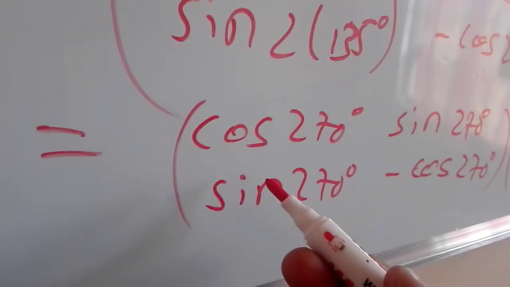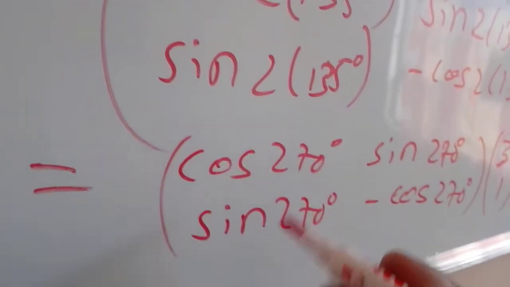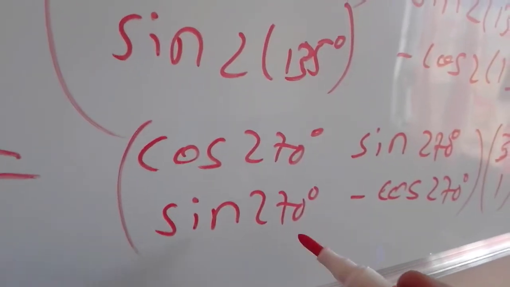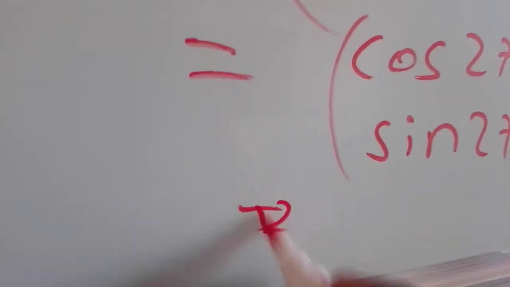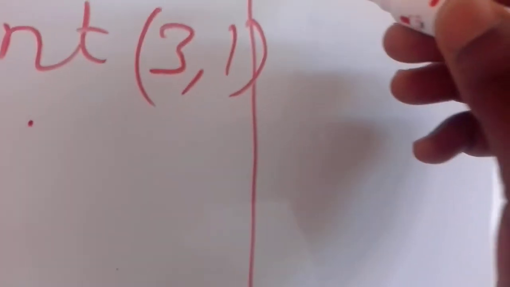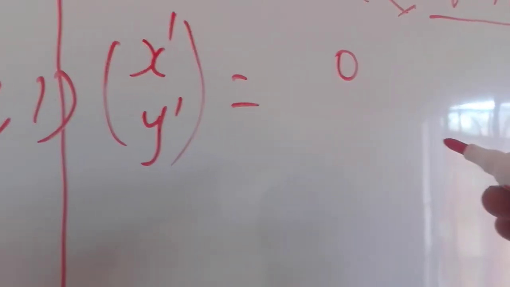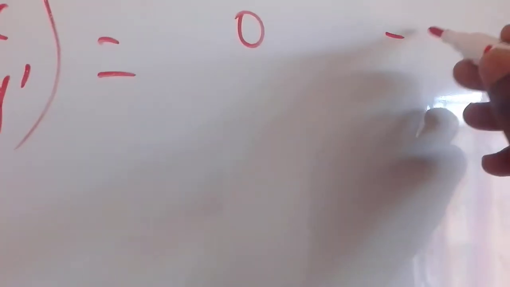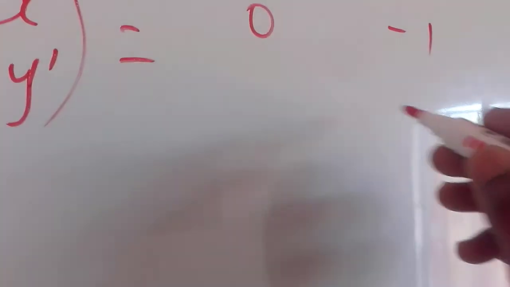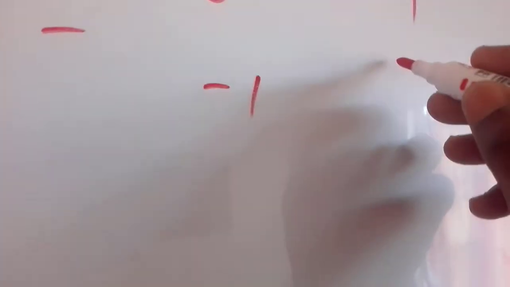If we find cos of 270 degrees from the calculator, we get 0. So (x', y') equals the matrix 0, negative 1, negative 1, 0, since sin of 270 degrees is negative 1 and cos of 270 degrees is 0.